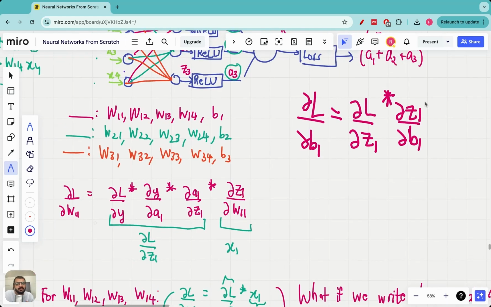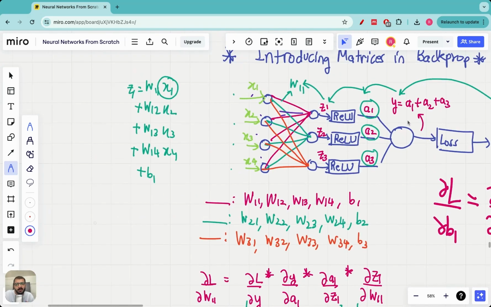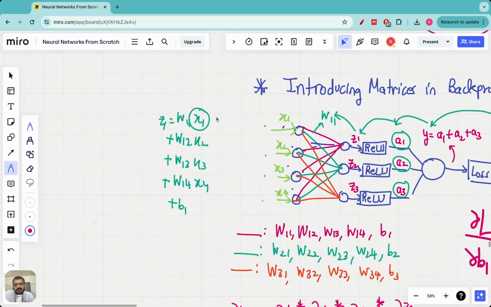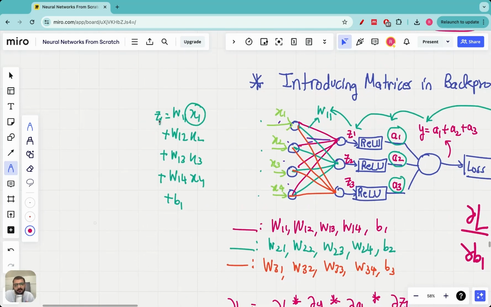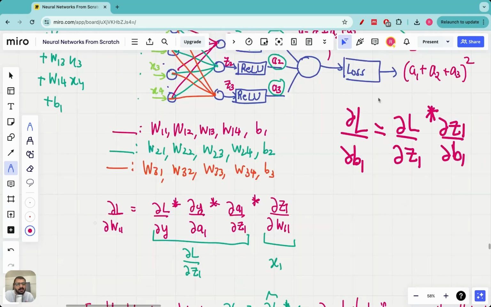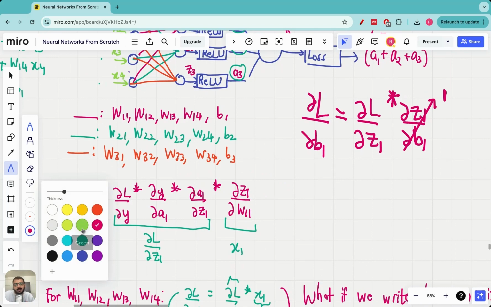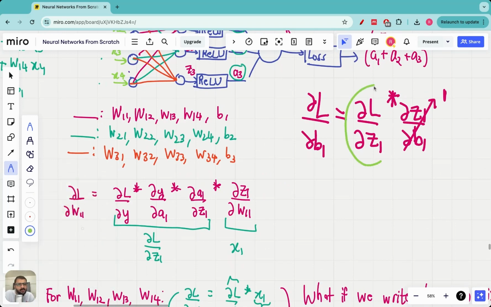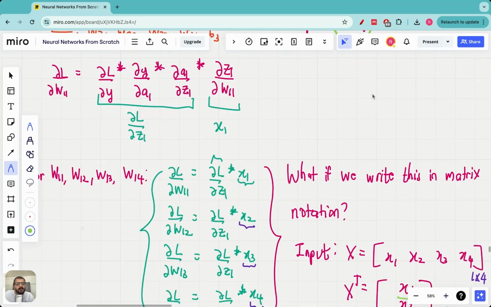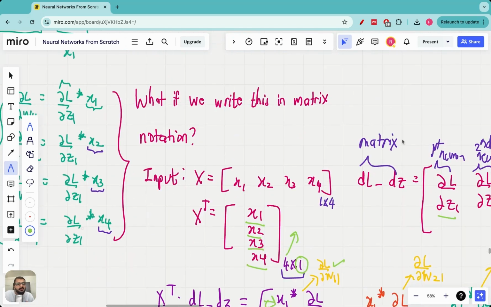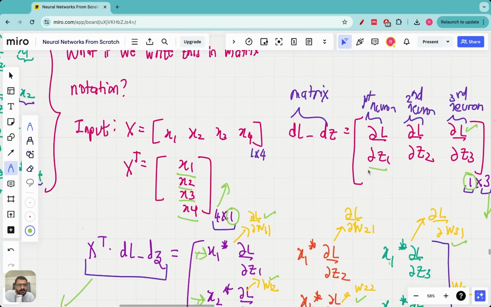Now let's look at this partial derivative of z1 with respect to b1. z1 is just this summation, right? So partial derivative of z1 with respect to b1 will always be equal to 1. So then what will remain is just partial derivative of L with respect to Z1, which we already have in this matrix.